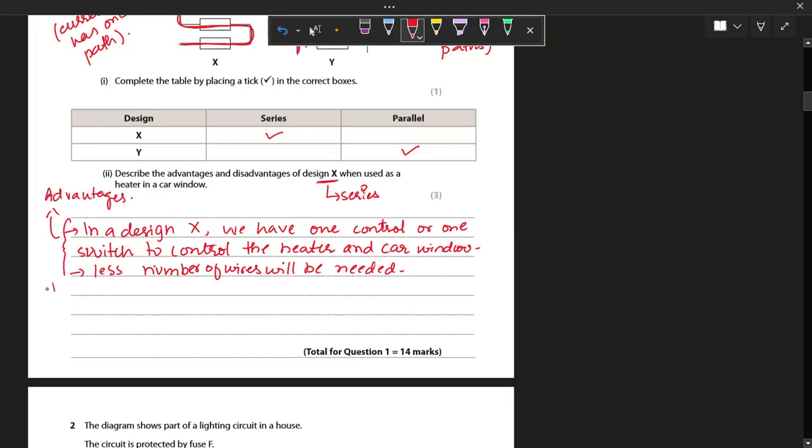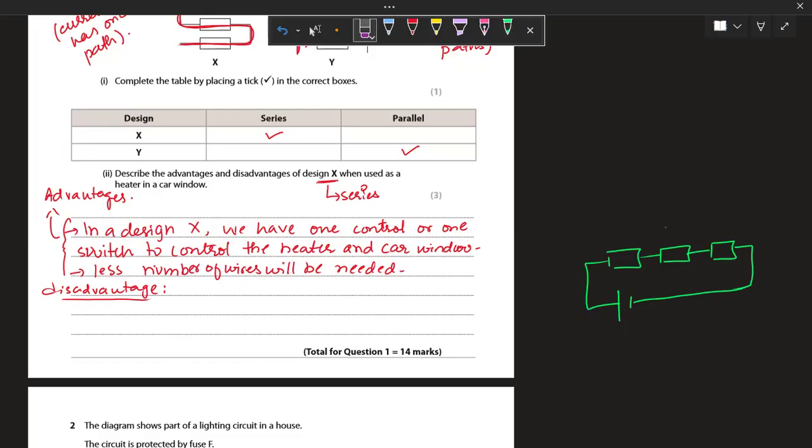And a disadvantage could be what happens if one component fails. What happens with the other components? For a series, all of them will stop. If I have a series circuit and one fails, the current will not be able to flow.